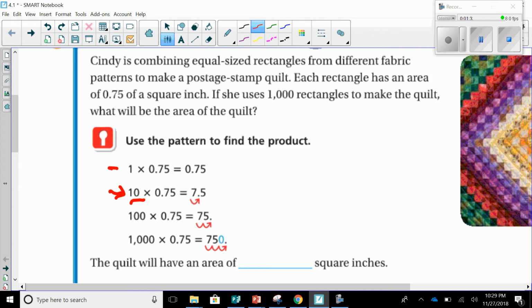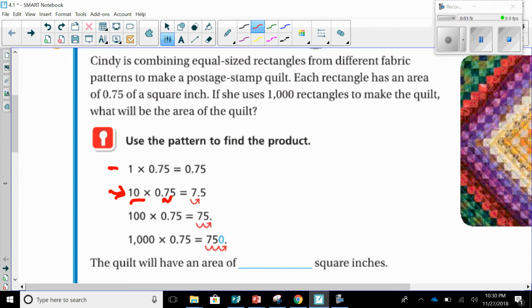The decimal point starts right before the 7 here, and I'm only going to move it one place to the right. So that makes my new answer 7.5.